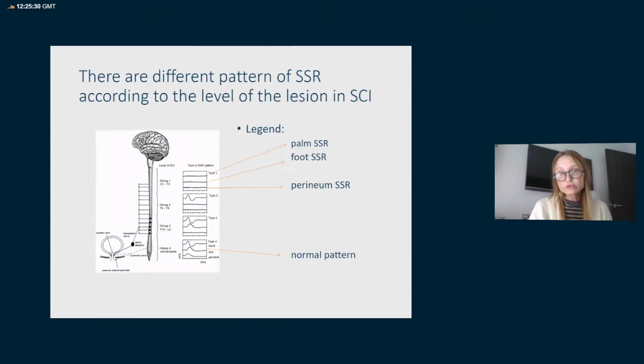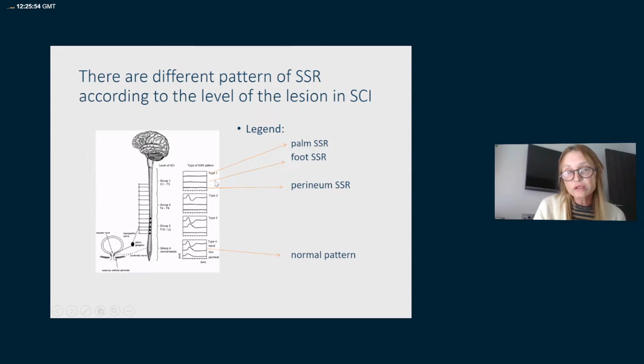So many years ago, we were assessing different patterns of sympathetic response in spinal cord injury according to the level. And what we found was 4 different types of sympathetic skin response according to the level of the lesion.